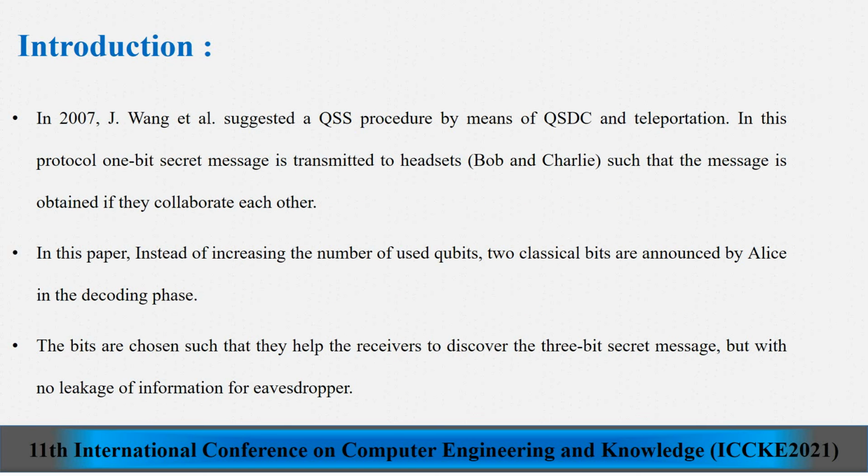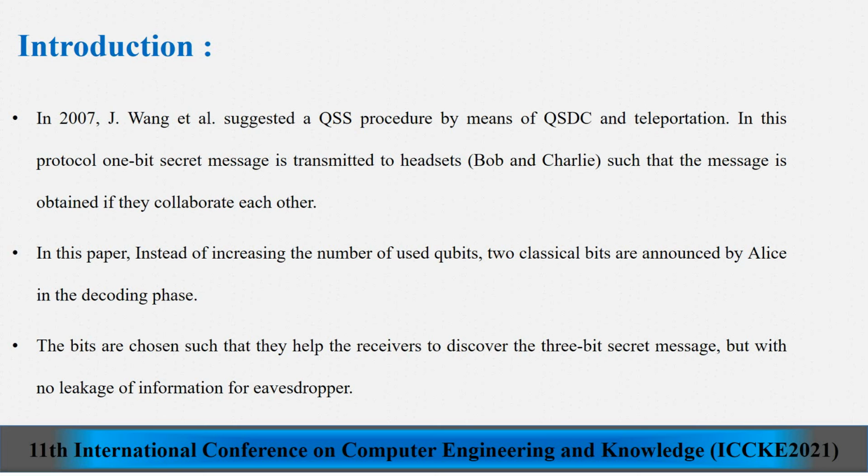In 2007, Wang and his research group suggested a QSS procedure by means of QSDC and teleportation. In this protocol, a one-bit secret message is transmitted to receivers named Bob and Charlie, such that the message is obtained if they collaborate with each other.